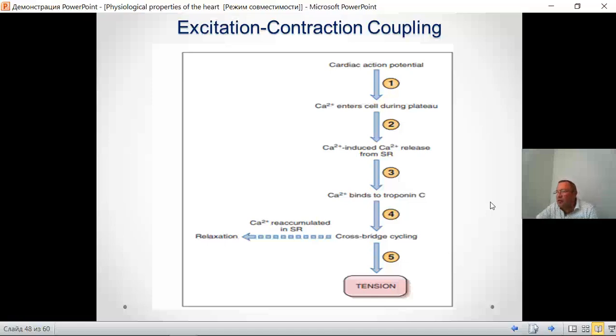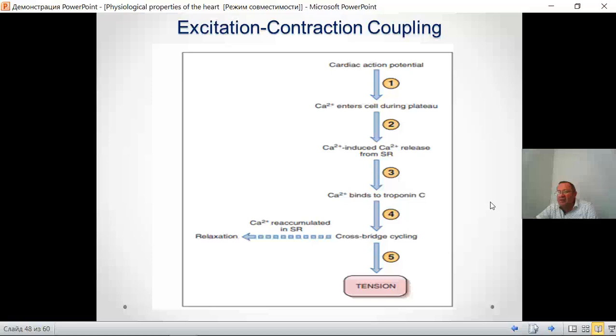Excitation-contraction coupling. As in skeletal and smooth muscles, excitation-contraction coupling in cardiac muscle translates the action potential into the production of tension. The following steps are involved in excitation-contraction coupling in cardiac muscle.